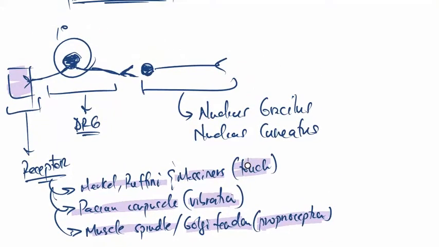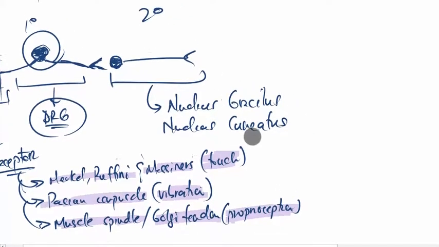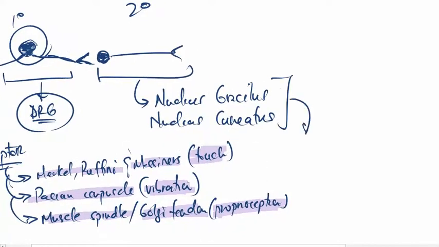The primary neuron is located at the dorsal root ganglion. The secondary neuron is located in either your nucleus gracilis or your nucleus cuneatus, and these are located in your medulla oblongata.